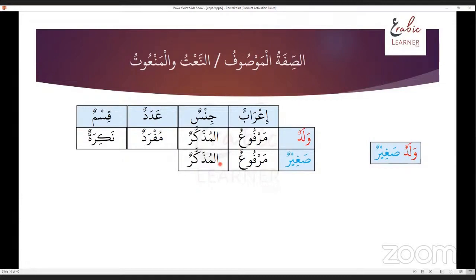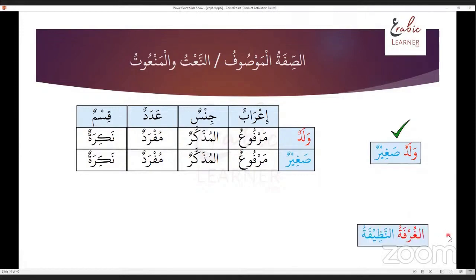So you say saghiratun. Okay, so this is muzakkar. Again, this is mufrad. And again, this is nakira because it is indefinite. So waladun saghirun matches all four properties. So yes, it is satisfying that. So this is an-naat wal man'ut.